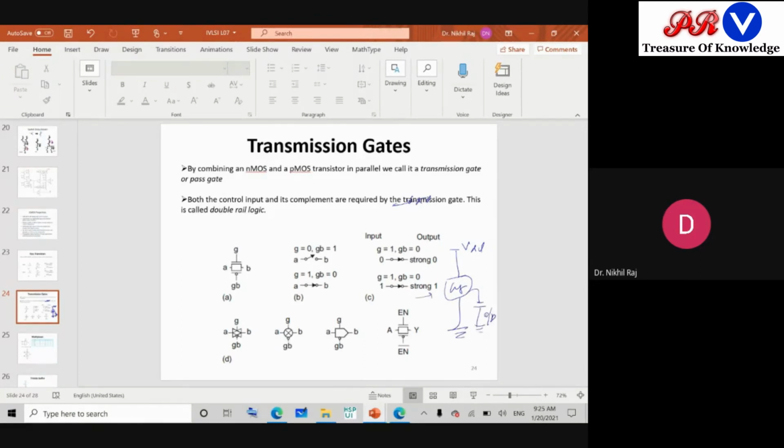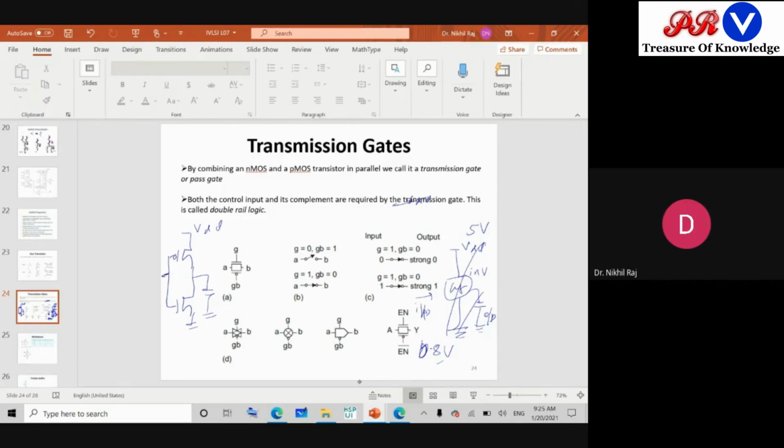So if I give 4.8 volt input and 5 volt is the supply, then the output will be 0 in the case of an inverter. Let me draw again. So if we are designing an inverter here, and here is the output.